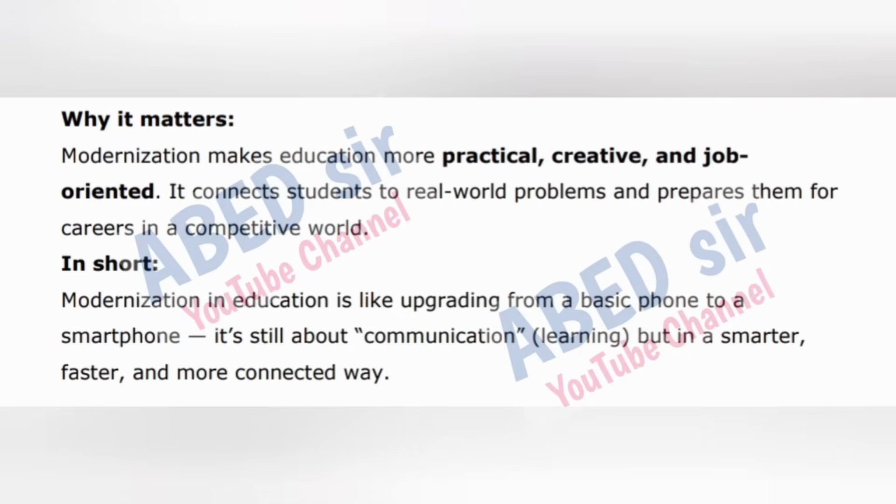Modernization makes education more practical, creative, and job-oriented. It connects students to real-world problems and prepares them for careers in a competitive world. In short, modernization in education is like upgrading from a basic phone to a smartphone. It's still about communication, learning, but in a smarter, faster, and more connected way.